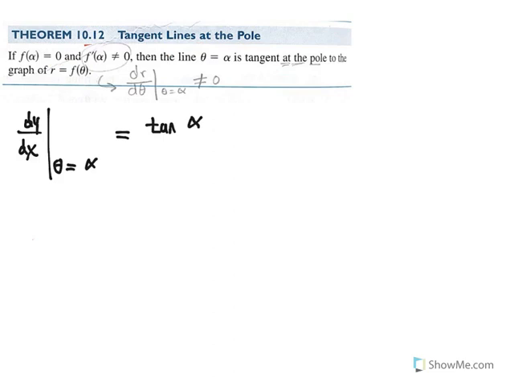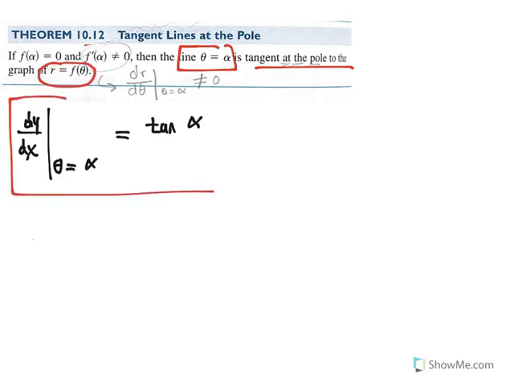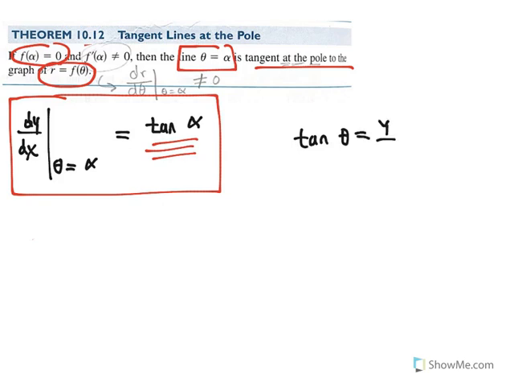And of course, this result is from what we just saw in our derivation, that dy dx at theta is equal to alpha, which gives you a point at the pole, is equal to tangent of alpha. And you may remember that tangent of theta is equal to y over x.